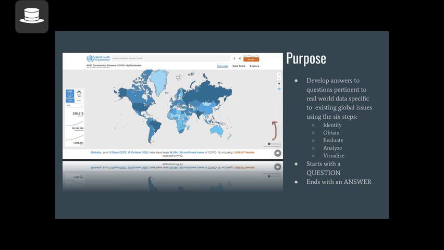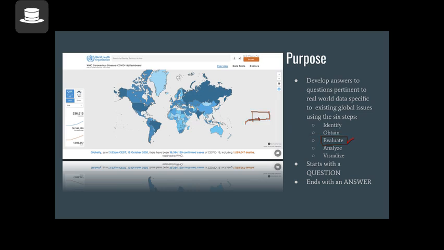Now, once you have access to the data set, in other words, when you obtain the data sets, the data set is sitting on your computer. What do you do next? Well, the next thing you do is evaluate the data set. Remember, you'll learn about data files in the next unit. So once you have these data files or this data set, you try to evaluate it. What is the structure of the data set?